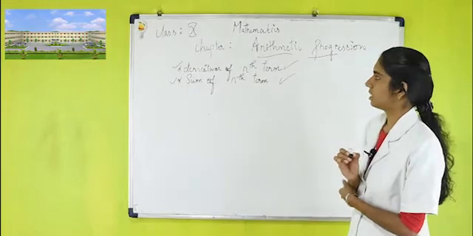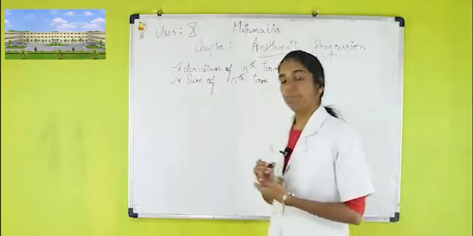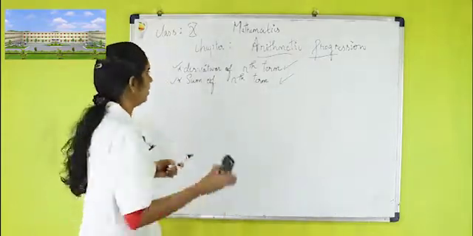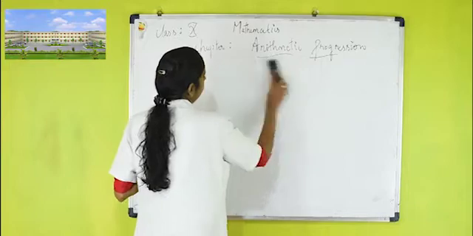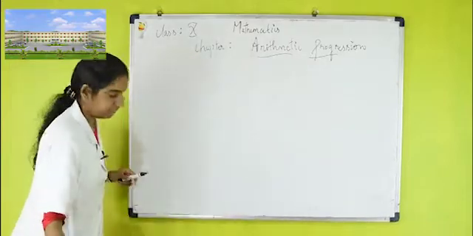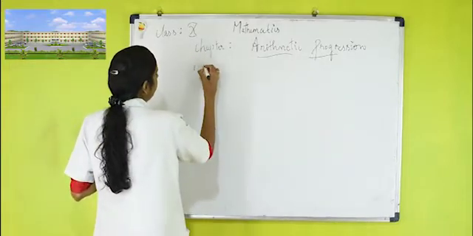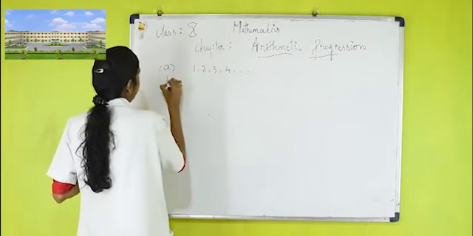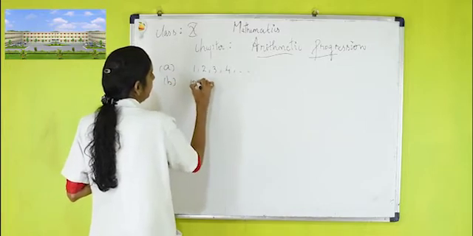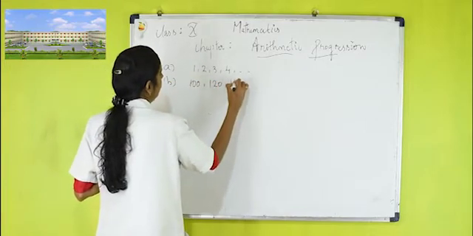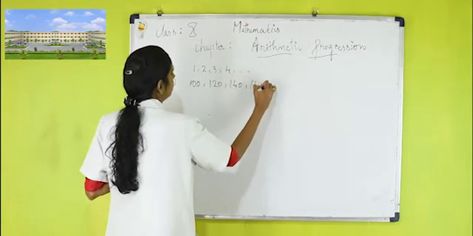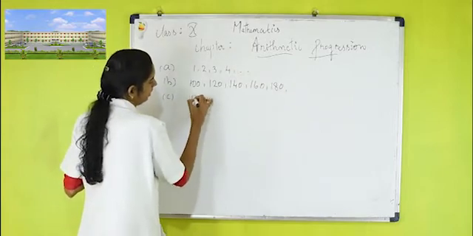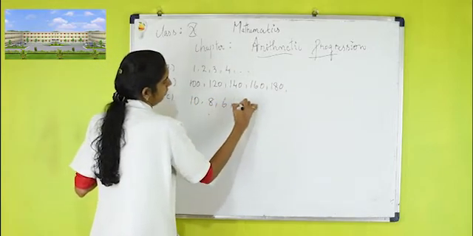So first we have to discuss the derivation of nth term. Before that we have to consider some examples. Suppose I consider one series: the first one is 1, 2, 3, 4, etc. And next I consider 100, 120, 140, 160, 180, etc. And next I consider 10, 8, 6, 4, like that.